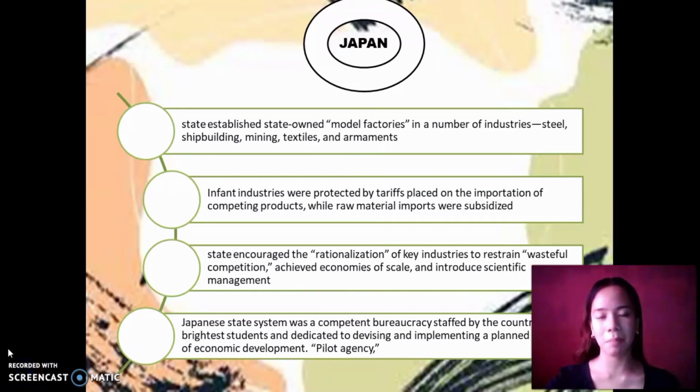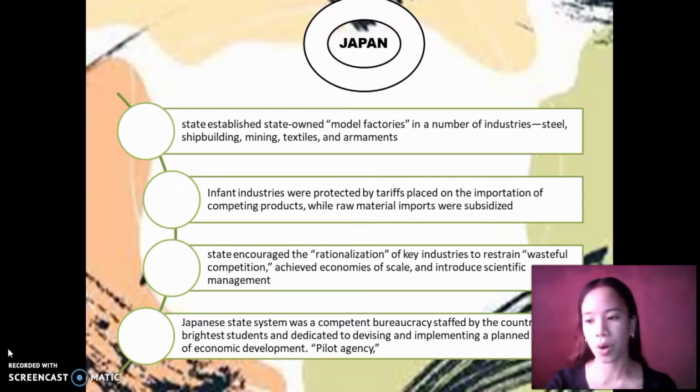So Japan's MITI was the one who ensured that the indigenous business was being supported. So Japan was very supportive on its local products or local workers.